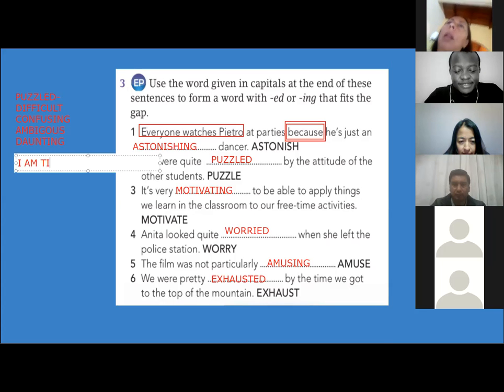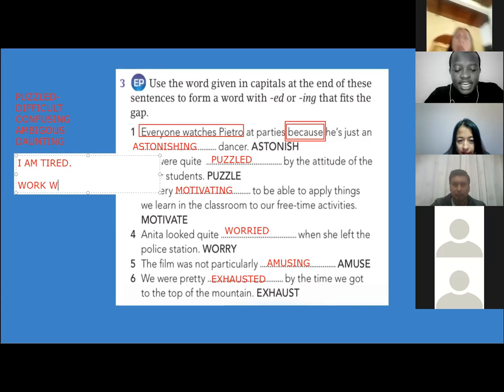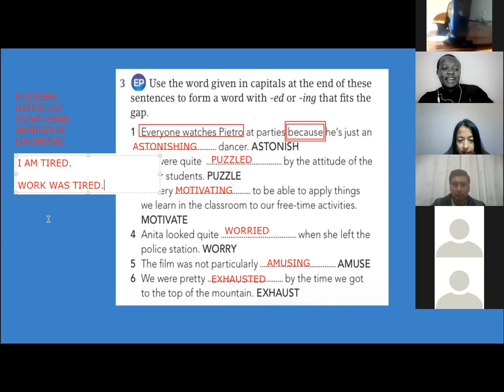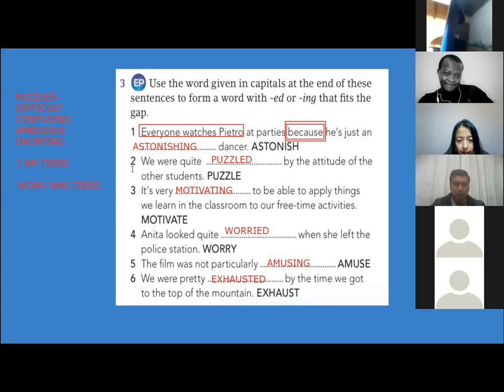I am tired. Okay. Why? Because work was tired. Can work be tired? Is it possible for work to be tired? Why is this wrong? Why is this incorrect?